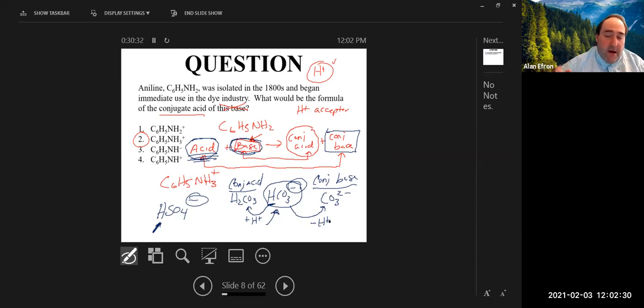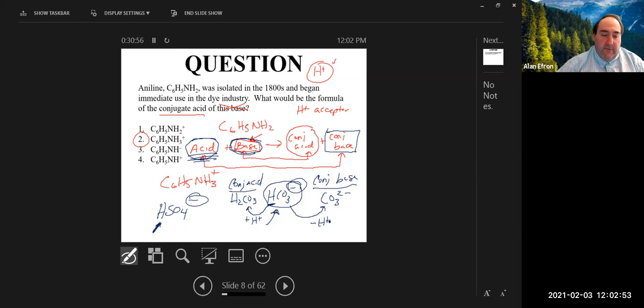Now, when you're talking about the conjugate acid, that is coming from the base on the left-hand side, and that's going to be the guy that receives and gains the H plus. So acid and conjugate acid represent different things, just like the base and the conjugate base represent different things.